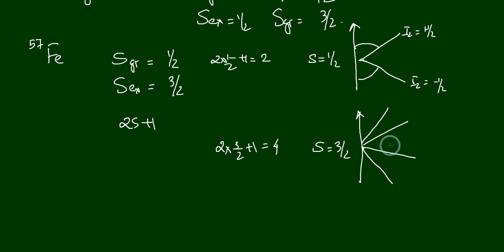These correspond to I equal to minus 3 by 2, minus half, plus half, and plus 3 by 2. This angle and this angle are the same, and the other two angles are also the same. So this is the fate of the spin 3 by 2 nucleus in an electric field.